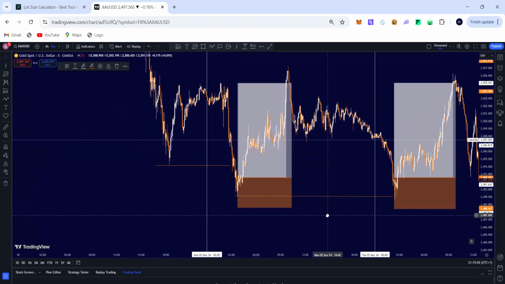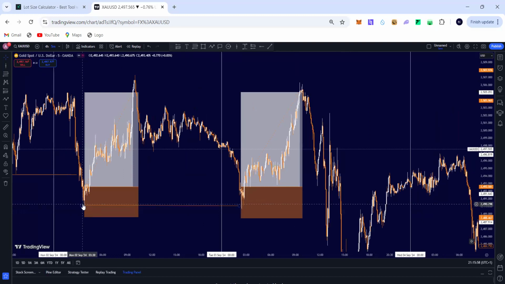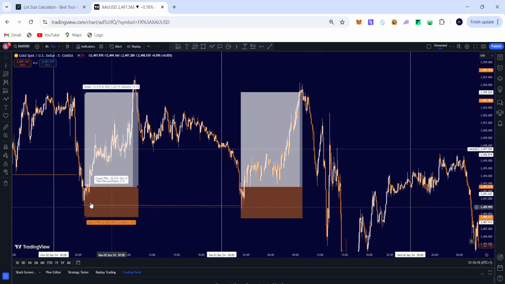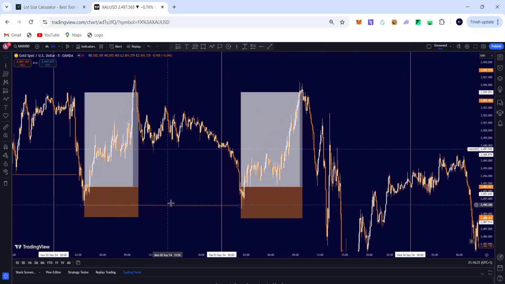So same scenario, and that zone was what? The low of the previous day again, which is another day. And if you notice, this high of the day was not taken out. If it had been, we would have sold in this market, but it was not taken out, so I don't have to force the trade. So the market came to take out the low of the previous day.